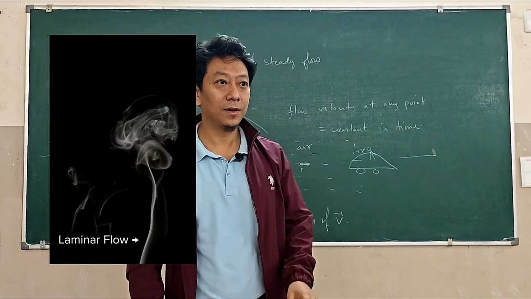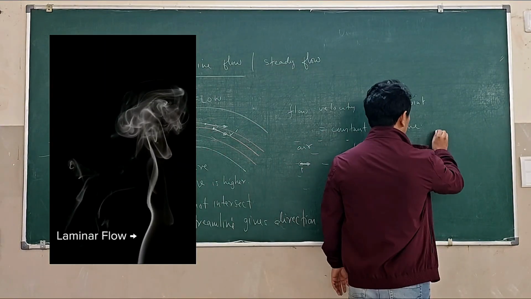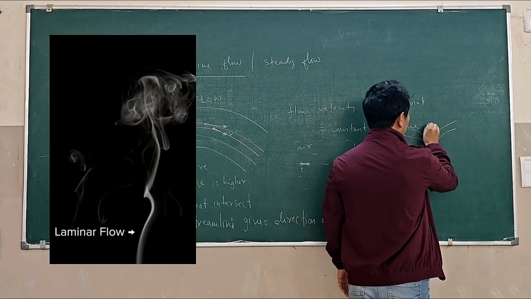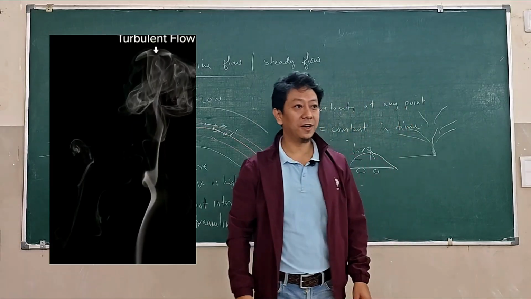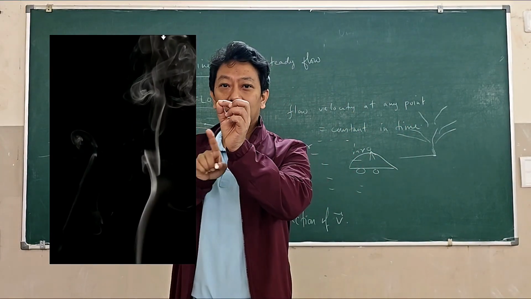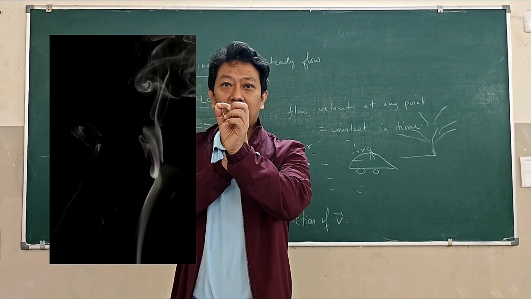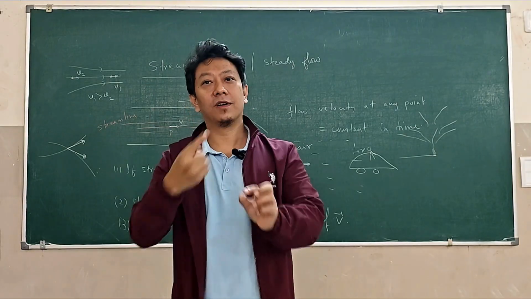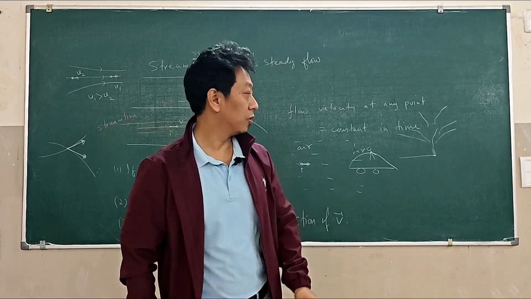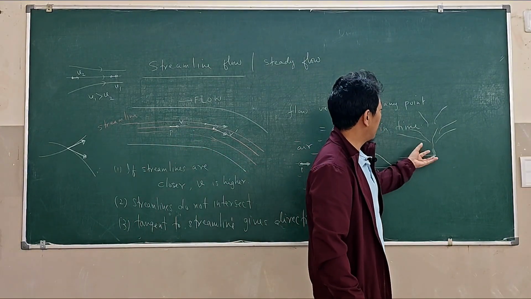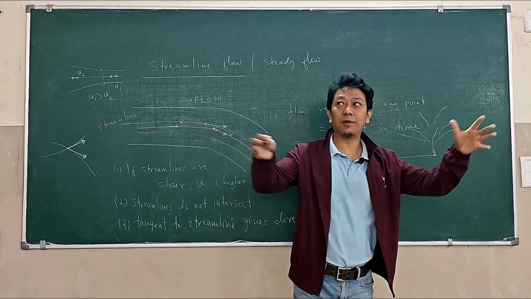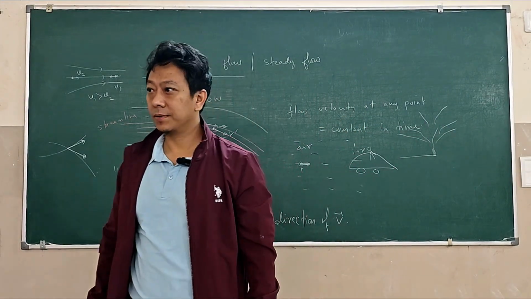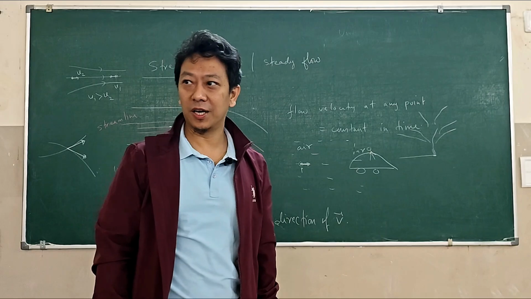But as you keep waiting, you will see this will start becoming more and more random. At any point, if one smoke particle goes here, another may go here. That is because as it goes up, it mixes up with air, then diffusion and all will start occurring.